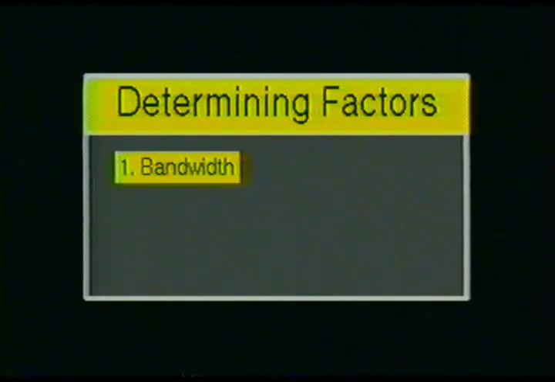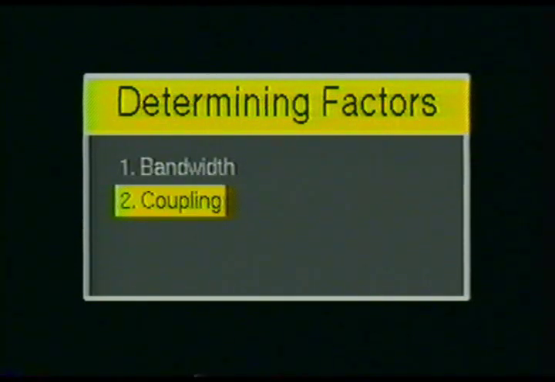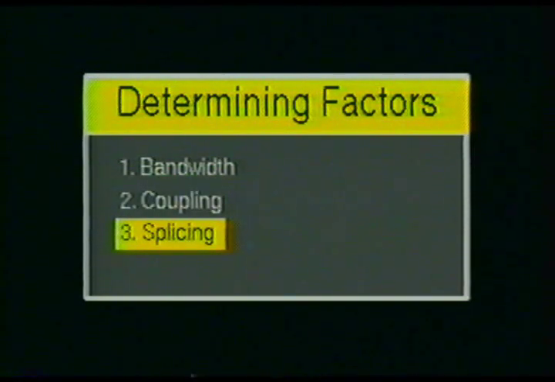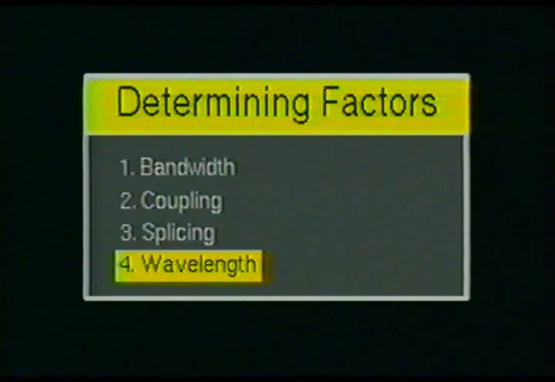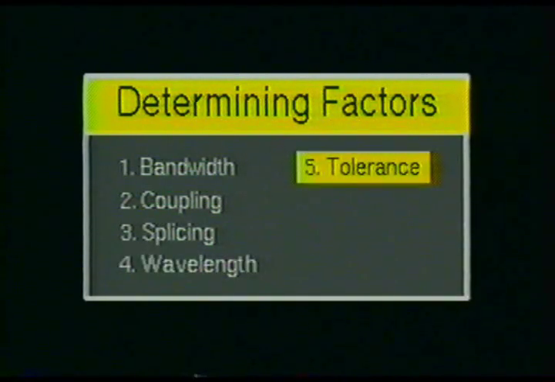1. The maximum bandwidth or speed with which the information can be transmitted through the fiber. 2. The ease with which the cable can be coupled in the field. 3. The ease with which the cable can be spliced in the field. 4. The wavelength of the transmitting device. 5.